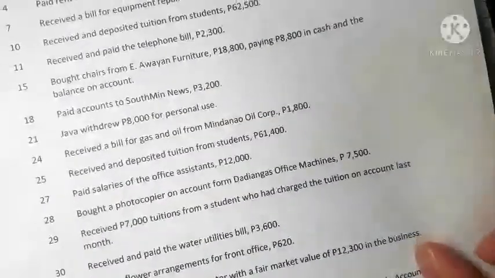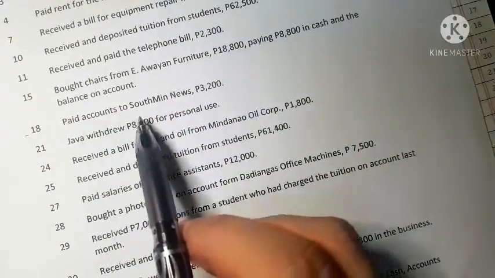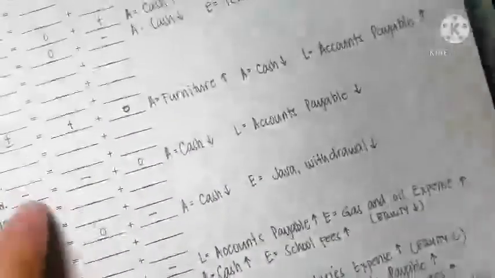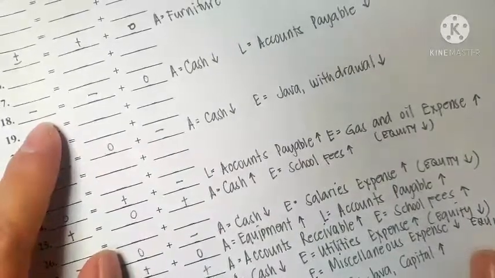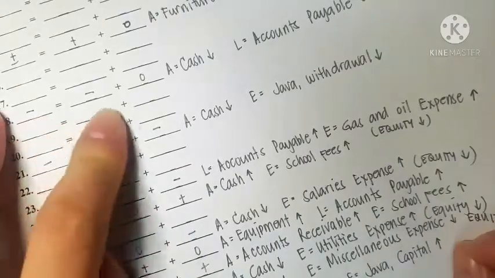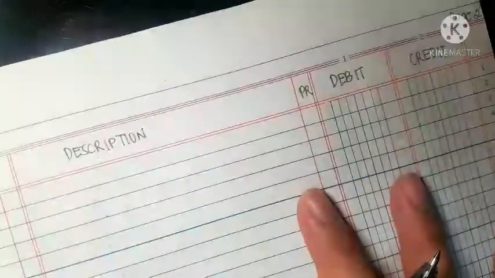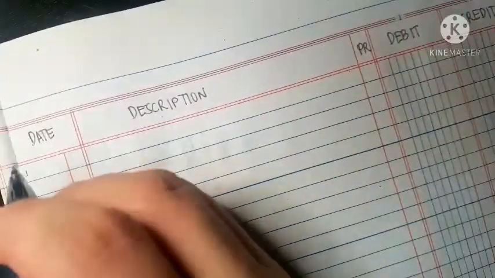Next, October 18. Paid accounts to South Main News for 3,200. So, a decrease in asset, particularly cash, and a decrease in liabilities, particularly accounts payable. So, page 2. October 18.